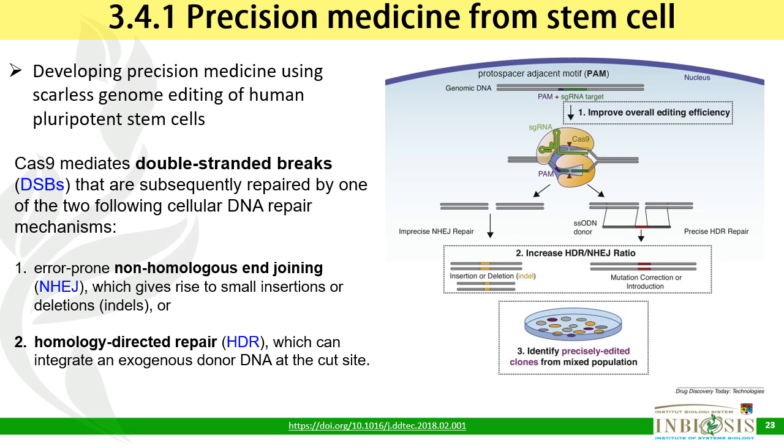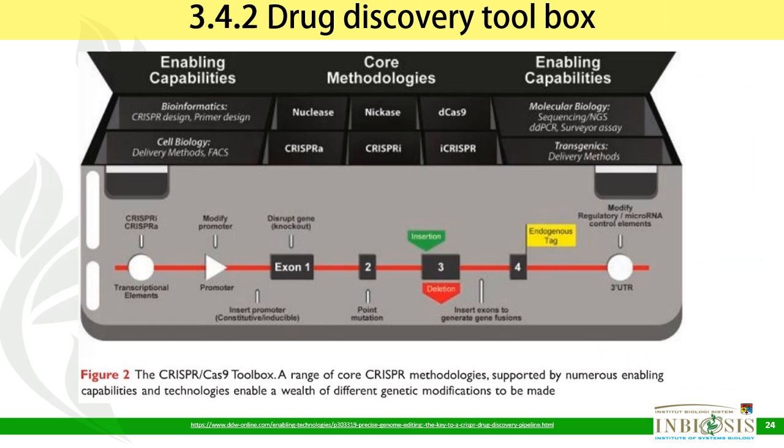For example, this introduces indels, insertions and deletions, whereas this you can introduce another segment with homologous ends to be integrated into the chromosome, and this can be used as an approach to create precisely edited clones. And this is part of the drug discovery toolbox enabled by the CRISPR-Cas technology.